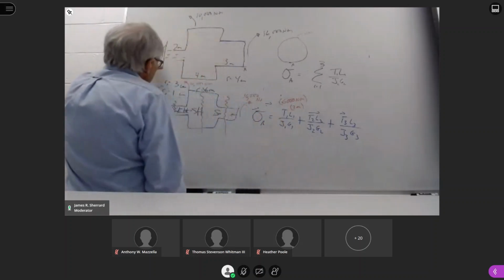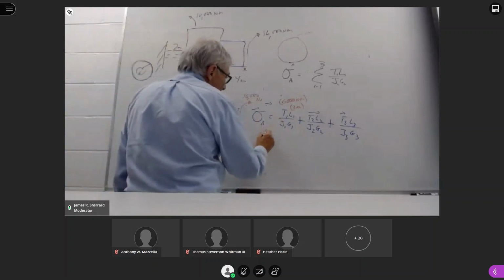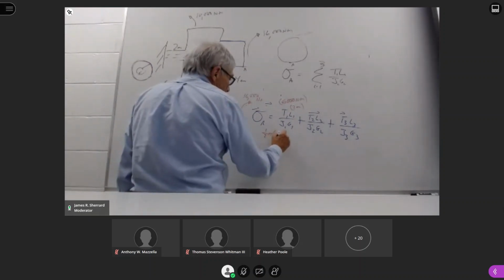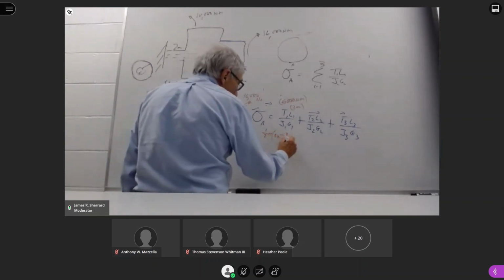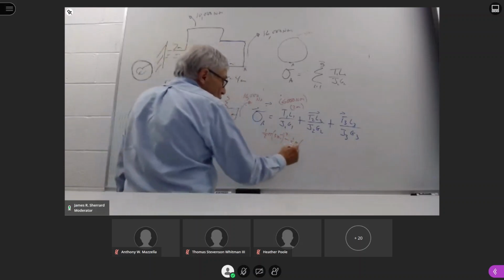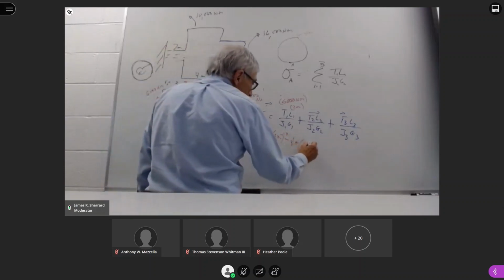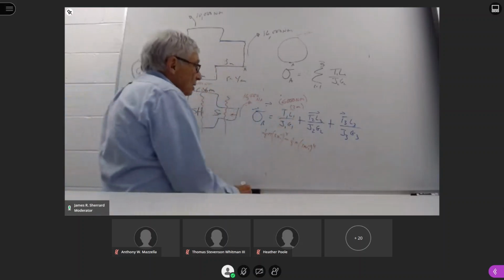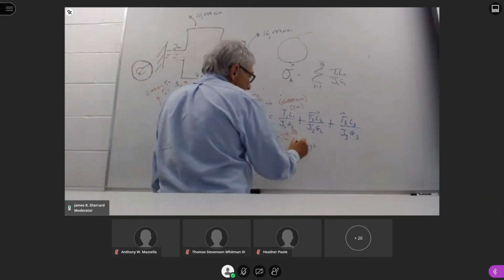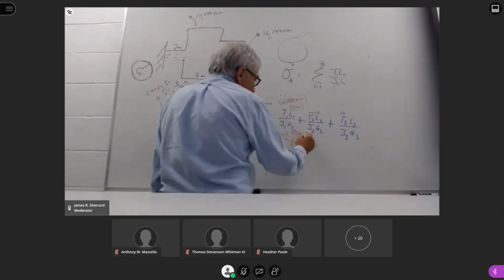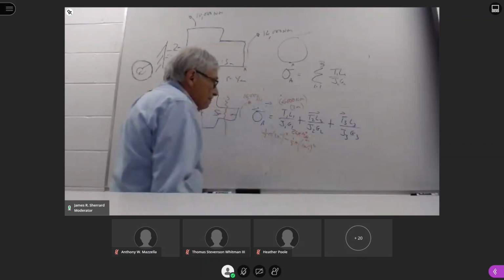My J, because this is a hollow pipe, was 1/2 pi r outer, which was 3 times 10 to the minus 2 raised to the 4, minus 1/2 pi times the inner value, which was 1 centimeter, times 10 to the minus 2 raised to the 4th. My G value was 26 gigapascals, which would be 10 to the 9th Newton meter squared.